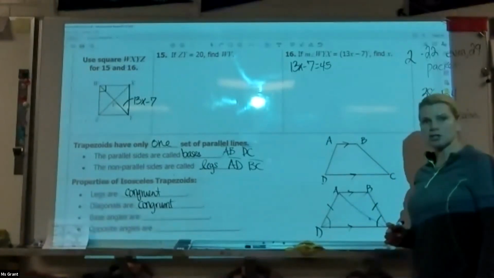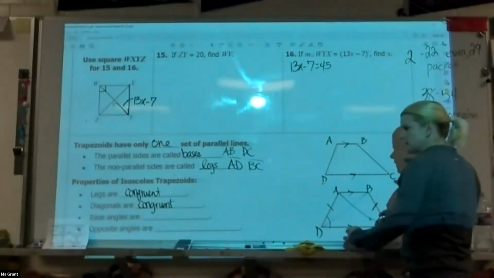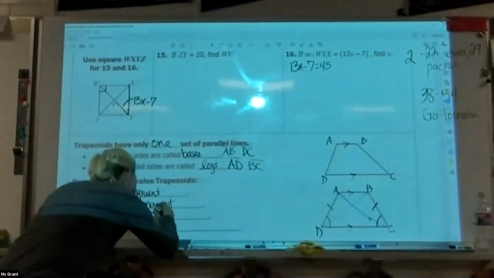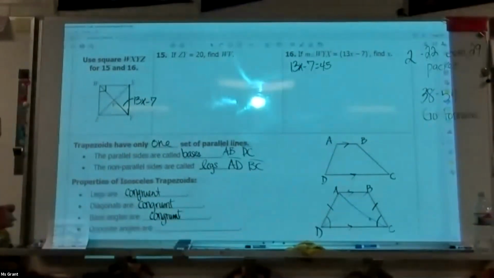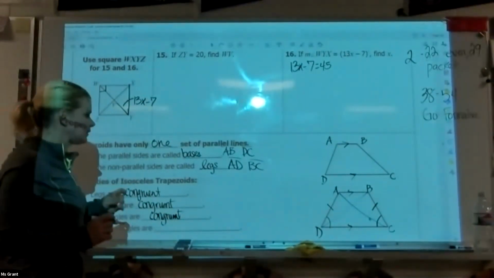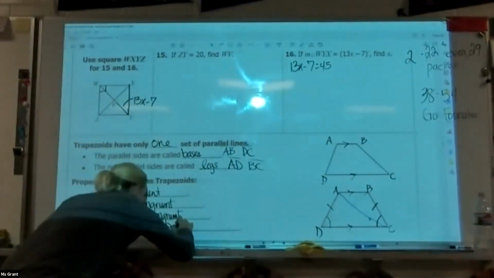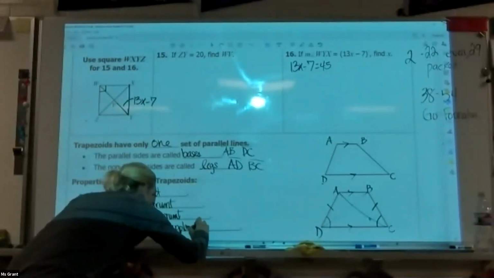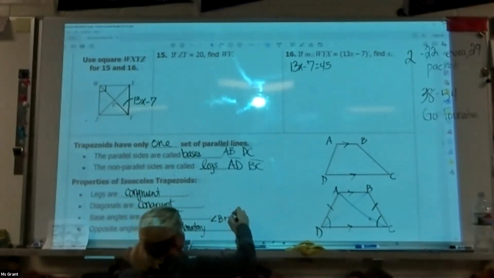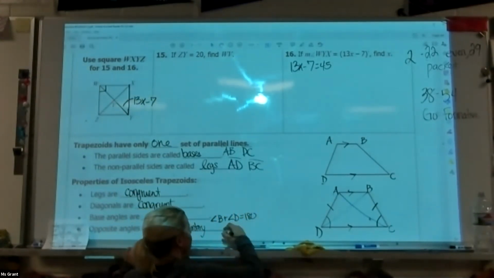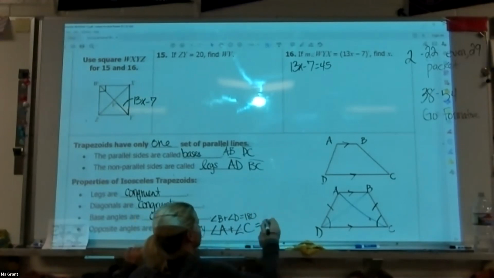If it's an isosceles trapezoid, the legs are congruent and the base angles are congruent. The opposite angles are diagonal, like D and B, A and C, supplementary. So angle B plus angle D make 180. Angle A plus angle C make 180.